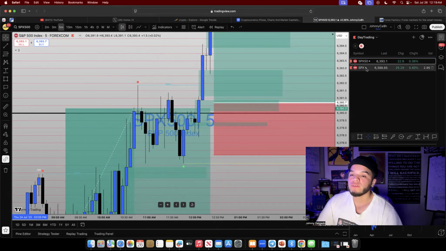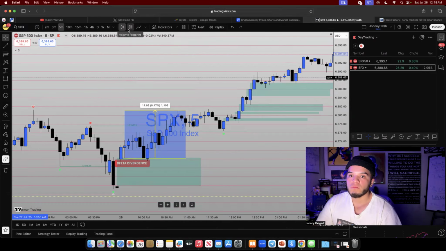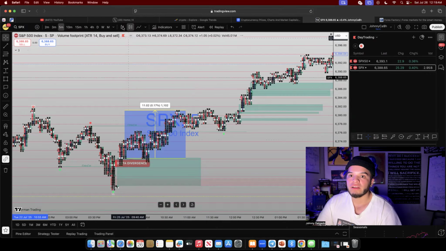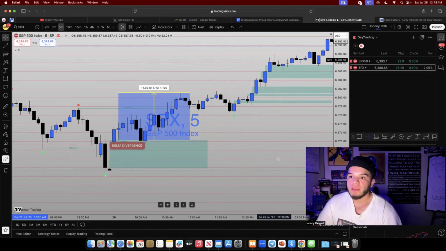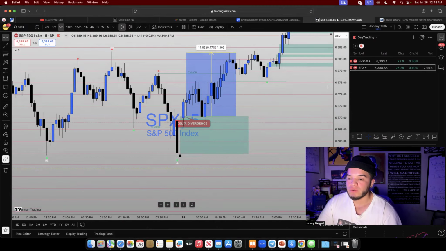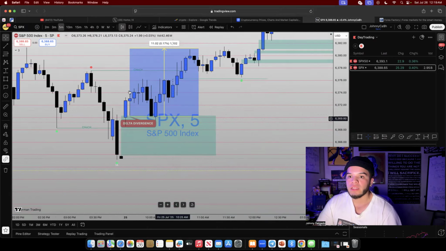So the delta footprint chart, guys, is going to show me when we have, look, if we had a regular candle, you wouldn't be able to tell, because the average trader will see something like this. They'll be like, oh, we're going down. We have a bullish trend forming up here. We had a bounce, retest at these highs.